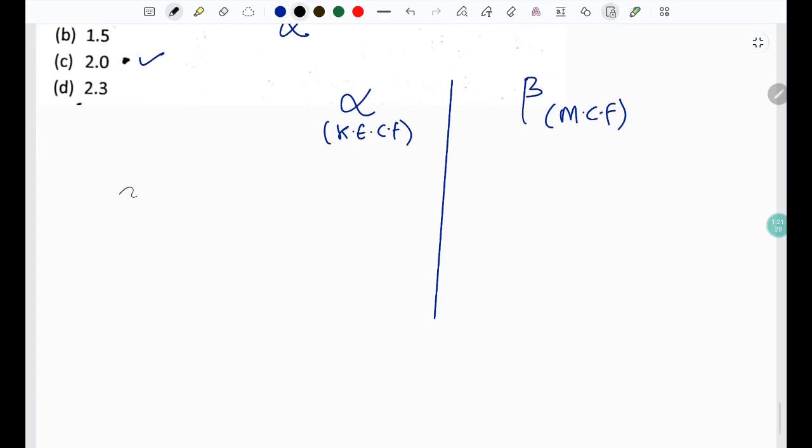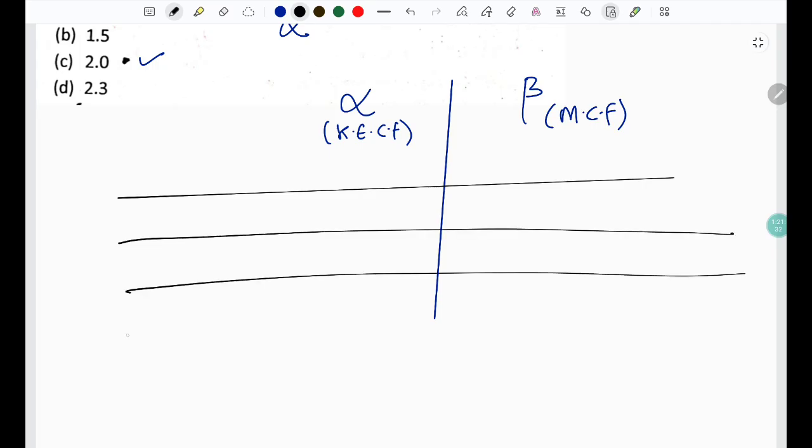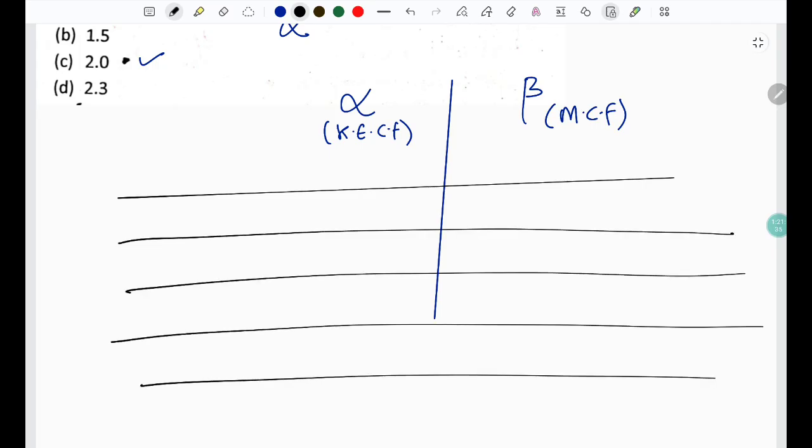The first case would be that of circular pipe. The second case is that of parallel plate, and then we have the turbulent case.